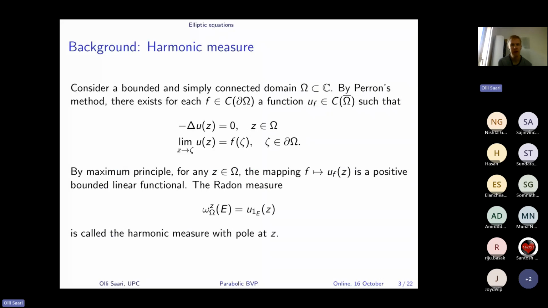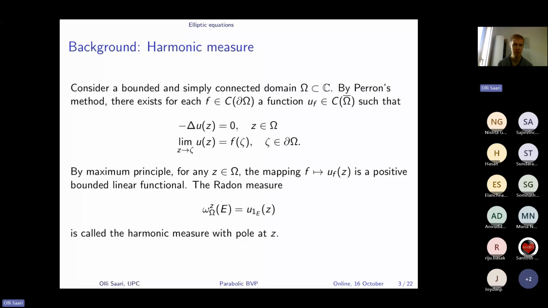The harmonic functions have some special properties, namely the maximum principle and something more. And using the maximum principle, we can define a functional for each point inside the domain. So we fix Z in omega, and we take the mapping that takes the boundary data, it solves the Dirichlet problem, and it evaluates the solution at the point Z. And this functional is positive bounded linear functional.